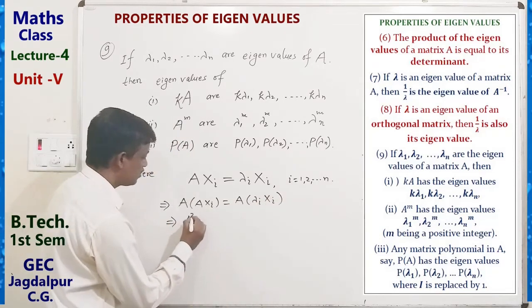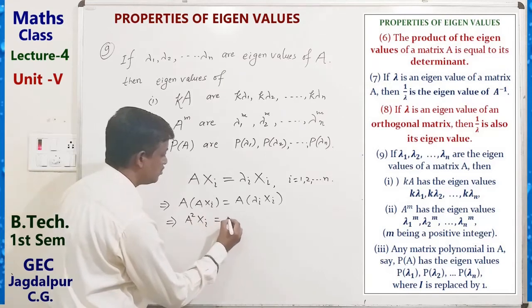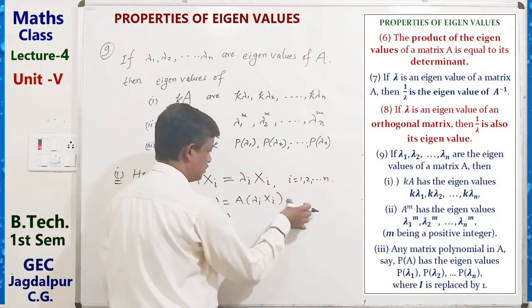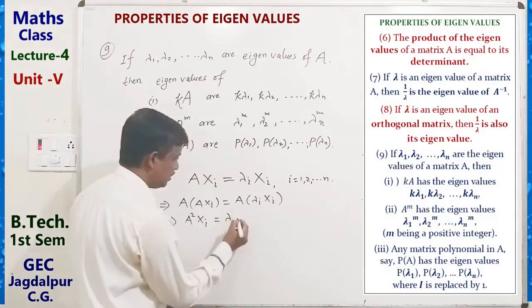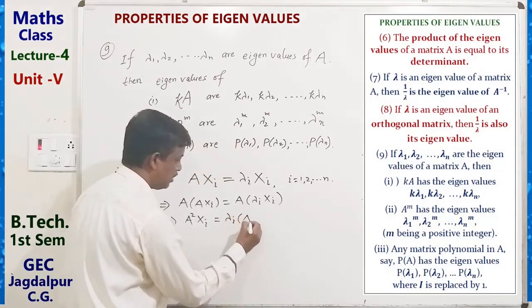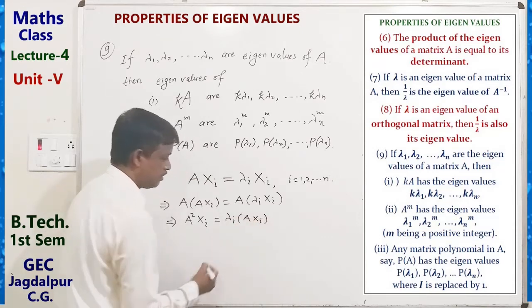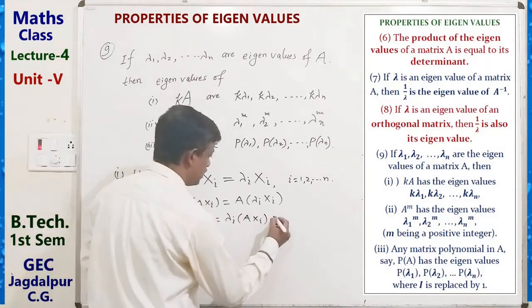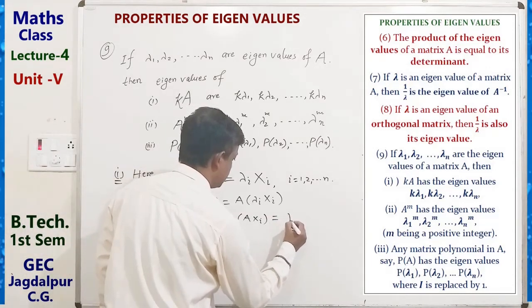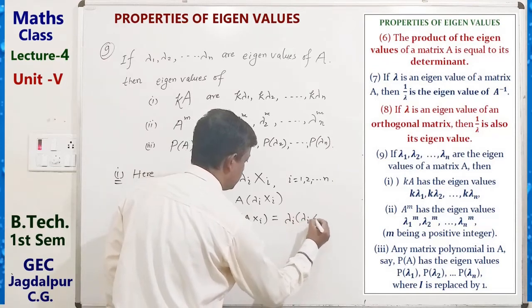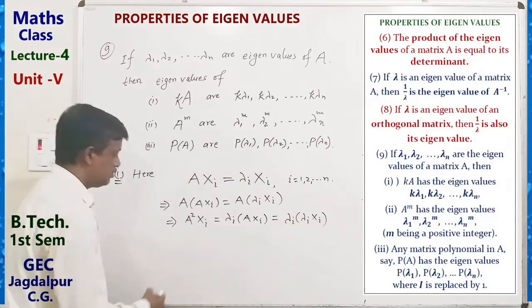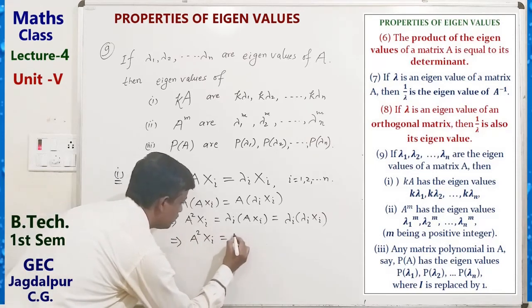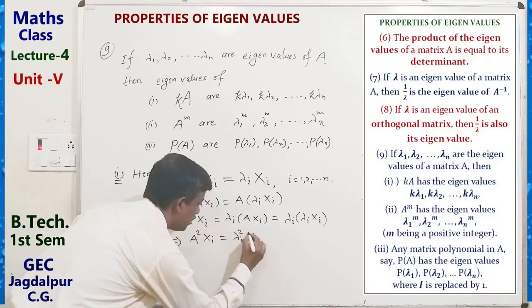Here lambda i is a constant, and A xi equals lambda i xi, so we can write A square xi equals lambda i square xi.